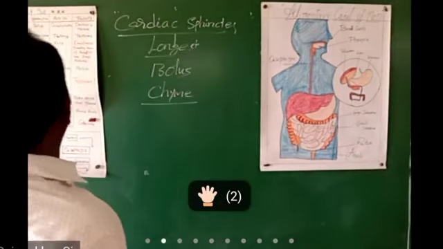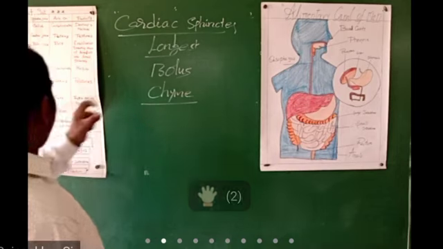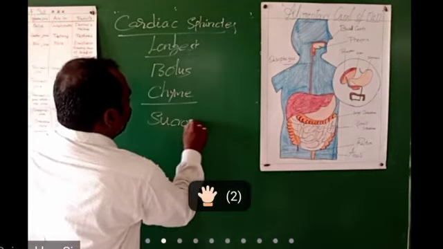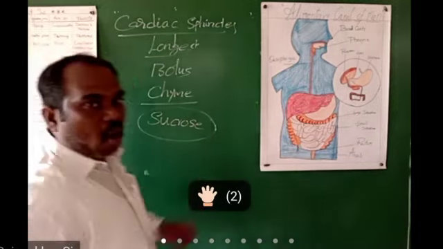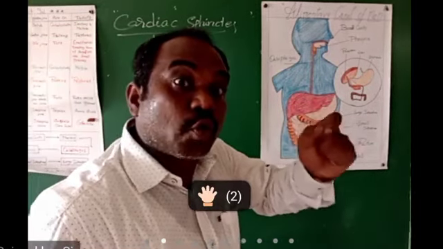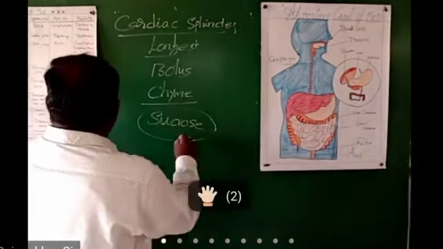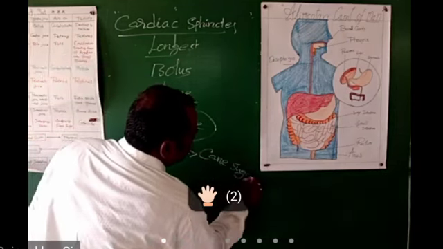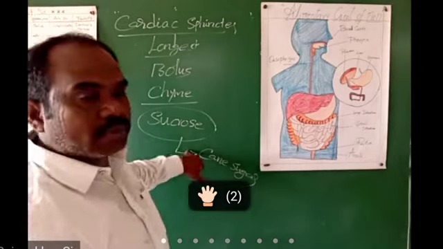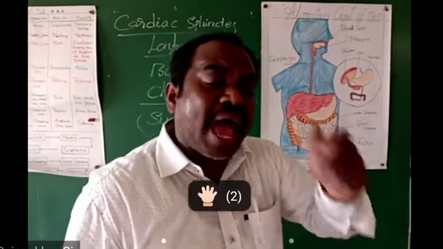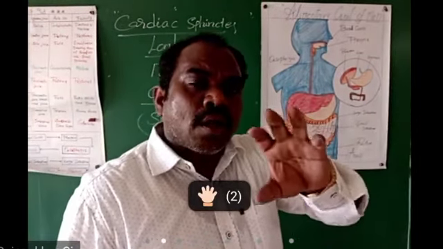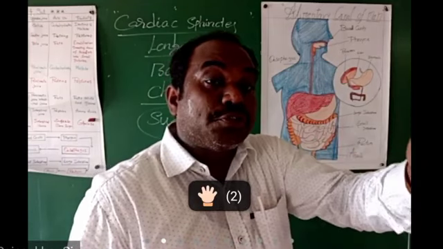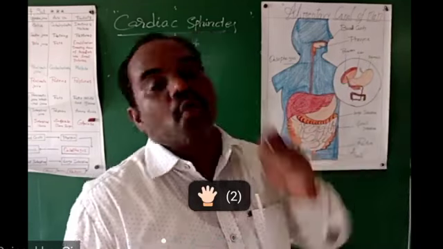Our small intestine secretes enzymes, the sucrase enzyme, also called cane sugar enzyme. Sucrase helps carbohydrates convert into maltose sugar and glucose.